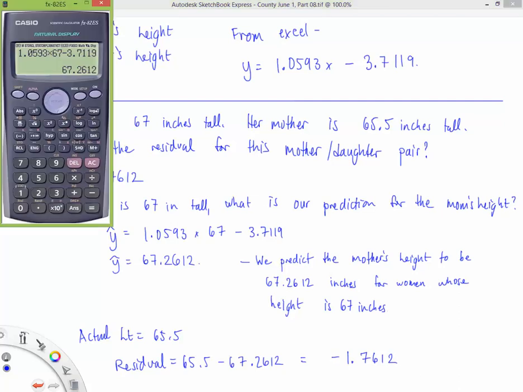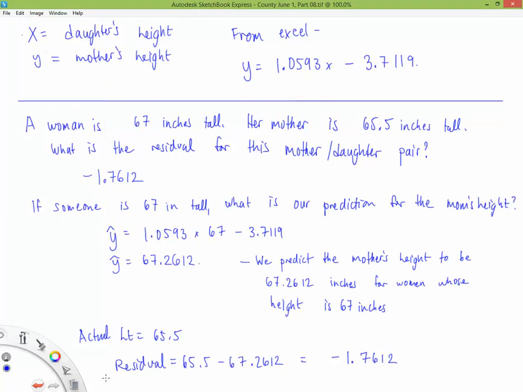So the residual equals the actual height, 65.5, minus our prediction, 67.2612. The residual is always the actual height minus our prediction for the points with that x value. So the actual height is 1.7612 inches lower than our prediction.